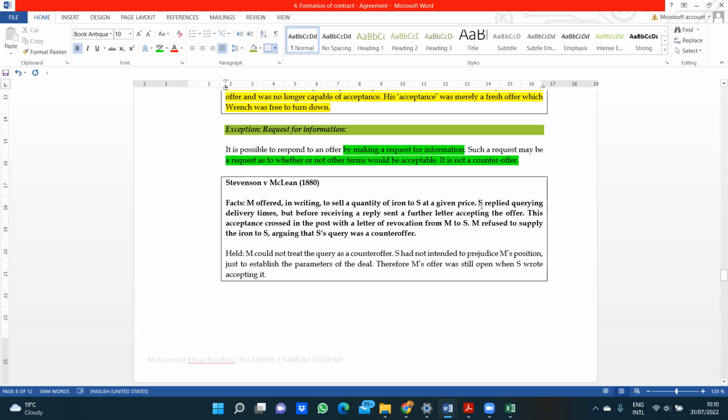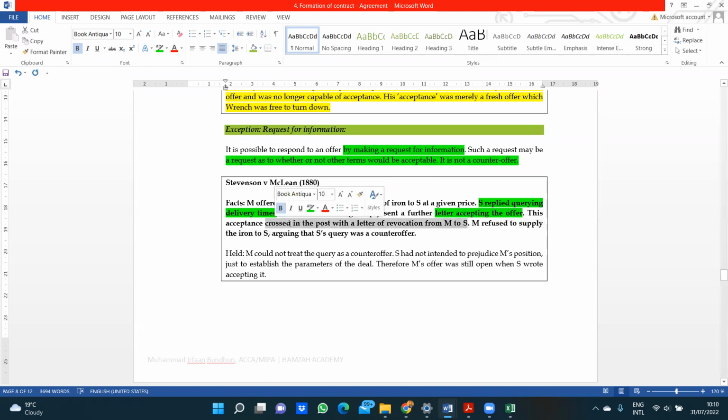But before receiving a reply, S sent a further letter accepting the offer. So S requested the delivery time and also sent a letter accepting the offer. This acceptance crossed in the post with a letter of revocation from M to S.